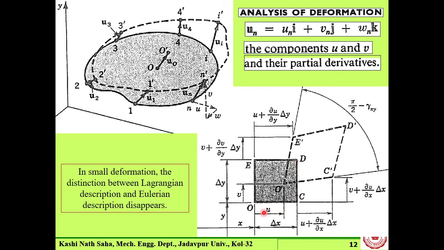So the value of u at point C is not identical at point D. Yes, because u is a field variable. So what is that variation?